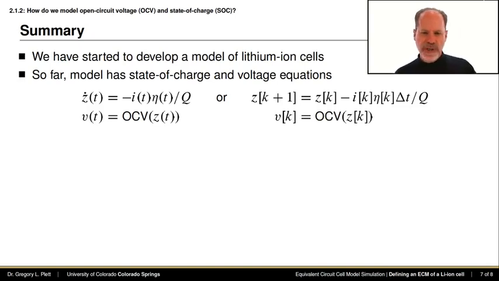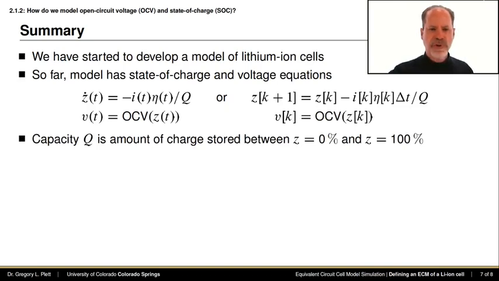You've learned that these equations can be written either in a continuous time differential or integral equation form or in a discrete time difference equation form. Often, we are going to find it to be simpler to derive the equation first in a continuous time description and then convert it to a discrete time set of equations later on. And ultimately, the battery management algorithms that you will learn about and use will use the discrete time form. So here I show you both as a reference to look back to later on.